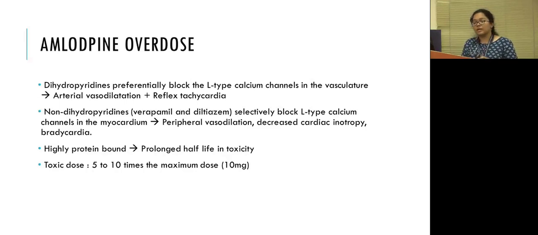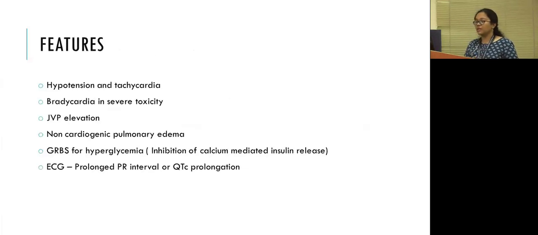Coming to amlodipine, it is a highly protein-bound molecule. Hence, it has a prolonged half-life, which also causes a prolonged period of probable toxicity. The toxic dose of amlodipine is 5 to 10 times the maximum tolerated dose, which is 10 mg. The common features of amlodipine overdose are hypotension and tachycardia. In severe cases of toxicity, we can also have bradycardia.